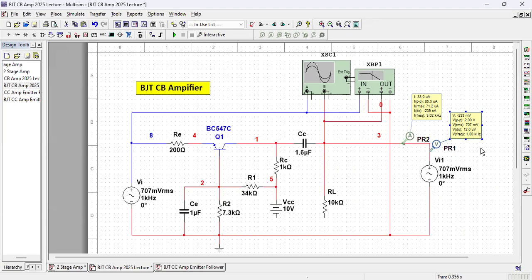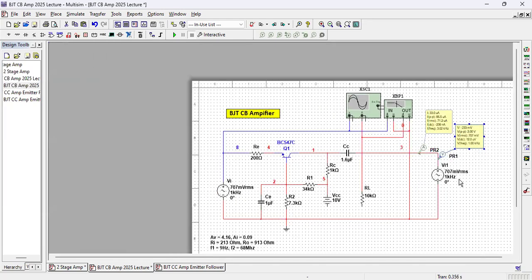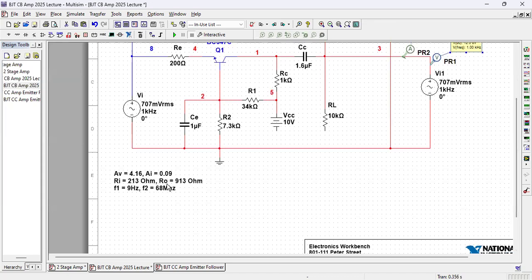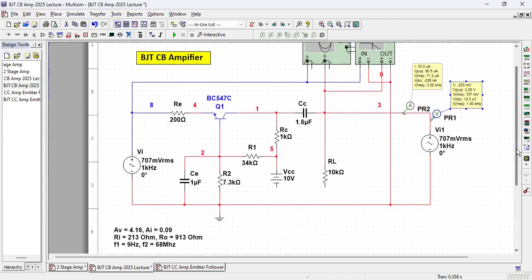I make 2 into 2000, that is millivolt, and this micro can be expressed as 0.0855. That makes something like 23.4 kilo. So output impedance is 23.4 kilo ohm. This is the value when the load is disconnected.